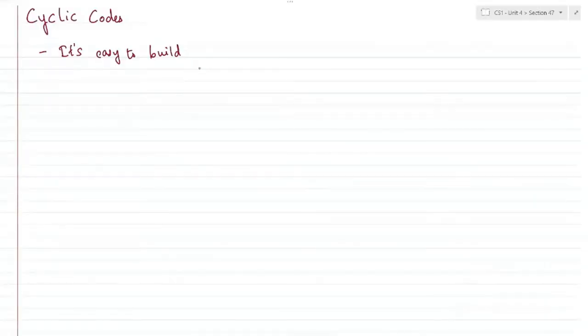As I said, it's very easy to build the generator matrix, which we call G, or simply G in bold letter. So it's easy to build the generator matrix G for linear block codes, or I can say for Hamming codes, which are single error correcting codes.